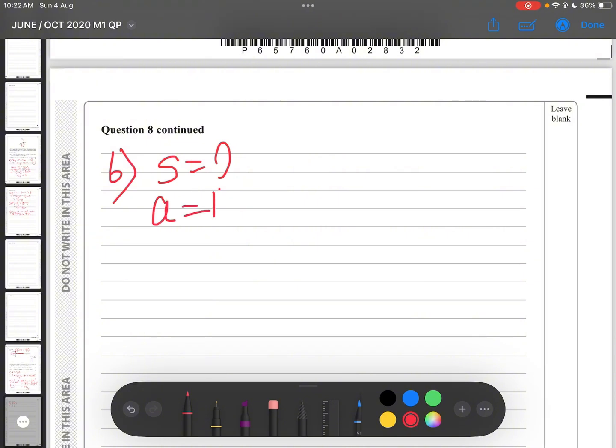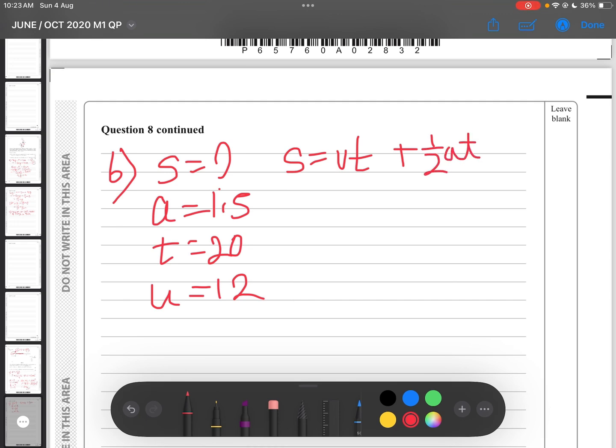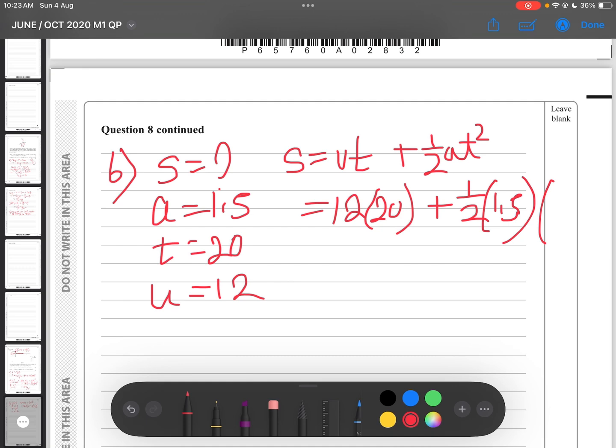Acceleration, we found it to be 1.5. Time taken, we found it to be 20 seconds. And the initial velocity to be 12 meters per second. Use the equation s equals ut plus half at squared, where my initial velocity is 12, my time taken is 20, plus half, my acceleration is 1.5, and again my time is 20 squared.